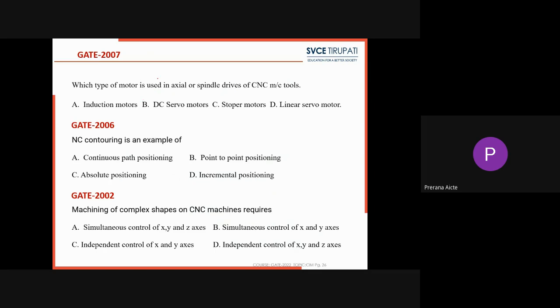Next is the GATE 2007 bit. Which type of motor is used in axial or spindle drives of CNC machine tools? CNC stands for computer numerical control. What type of device is CNC?